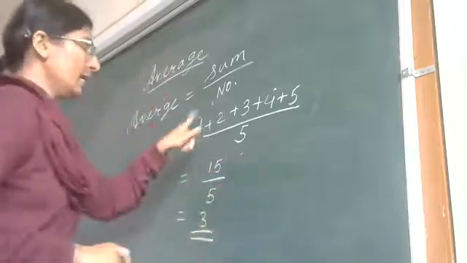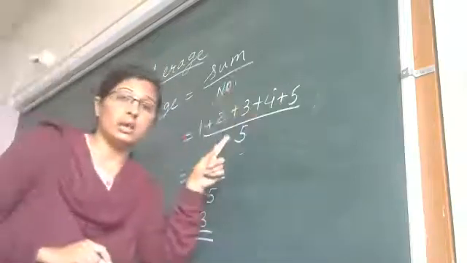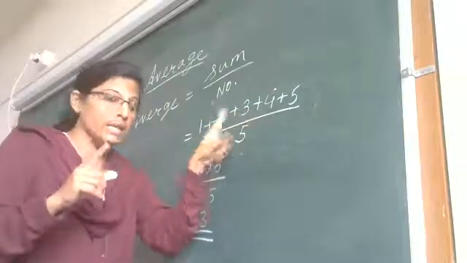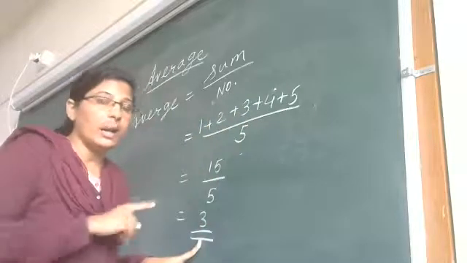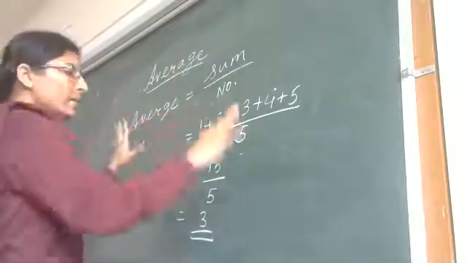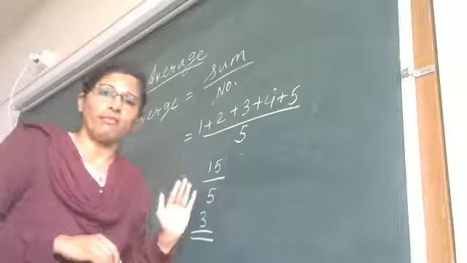Yes. So you can see, when you saw these natural numbers, you told that the middle value is 3. We got the correct answer by using the formula also. This is how we have to find the average.